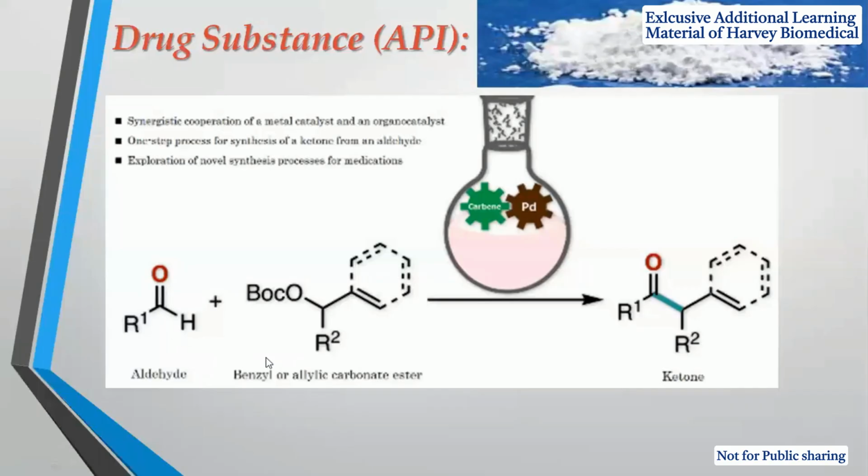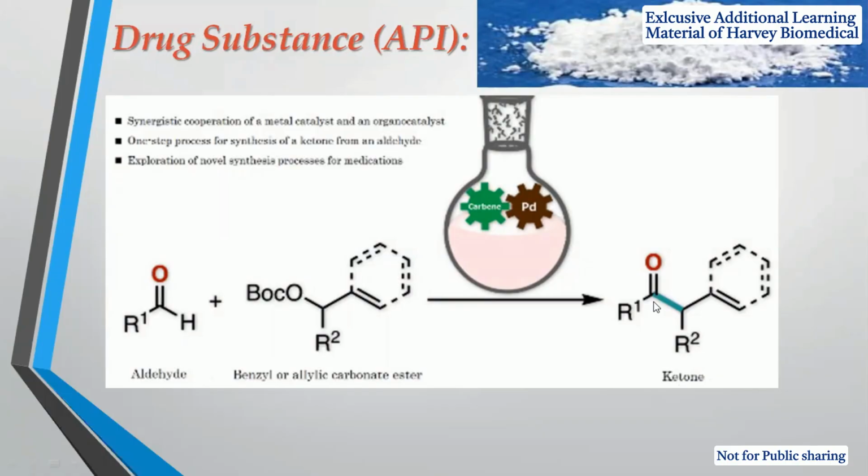And this aldehyde is reacting with a benzyl or allylic carbonic ester. If you see up to here, this compound, and R1 C double bond O is bonding with this bond. It means BOCO is going to be excluded, and it is forming the ketone.